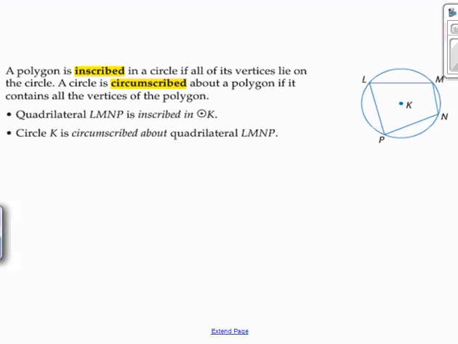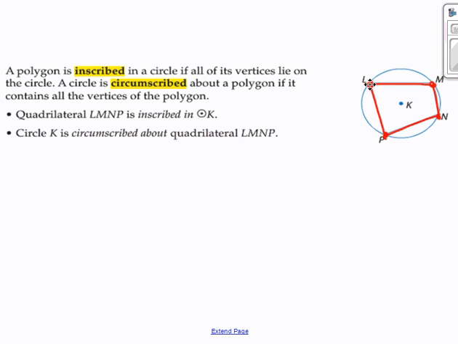Inscribed and circumscribed. So a polygon is inscribed in a circle if all its vertices lie on the circle. So inscribed is inside. So notice the vertices are all inside the circle. Okay. Or on the circle. A circle is circumscribed about a polygon if it contains all the vertices.